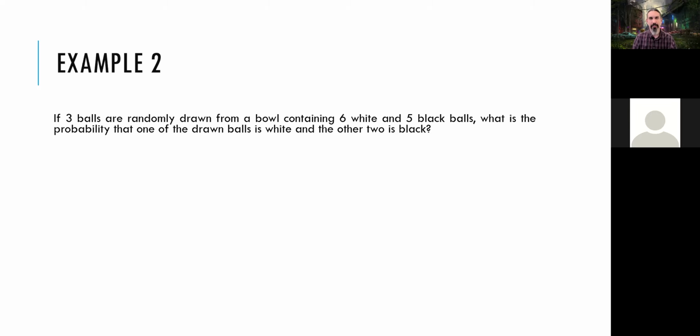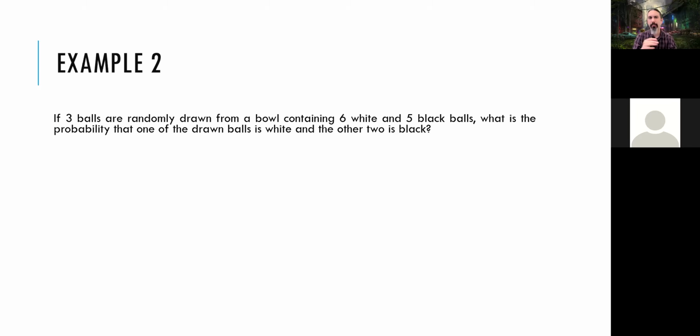This is the same experiment done differently. You can pick your balls one by one without replacement, and after the third one you just stop, or you can take all 3 of them at the same time. These are calculated differently, but the probability values are, of course, the same. They will be equal.